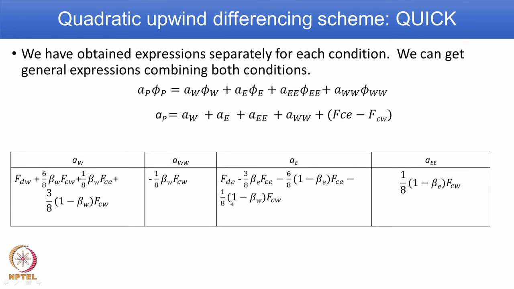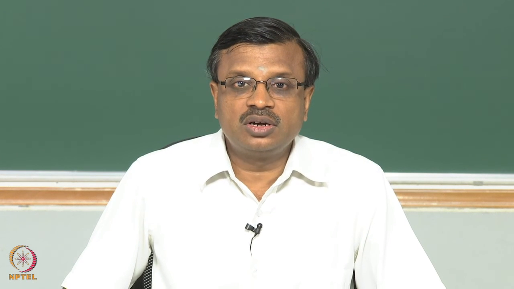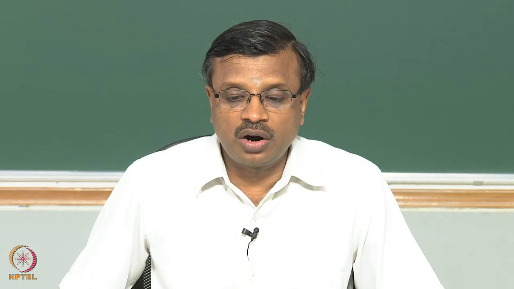Now, in this expression, if you look carefully, beta is one new variable introduced, because we have flow coming from left to right as one case and flow coming from right to left as another case. So, when you are actually writing a program, when you are incorporating this QUICK scheme inside your code, the code should automatically detect the direction of the flow and switch accordingly.